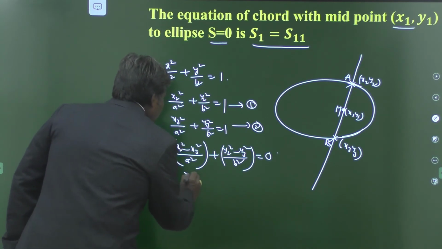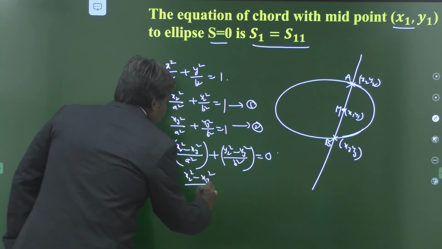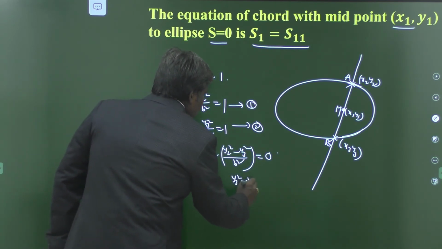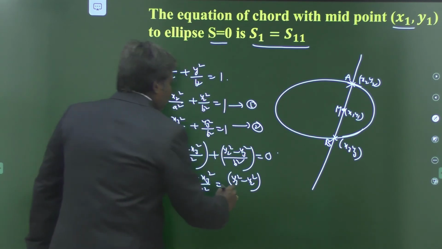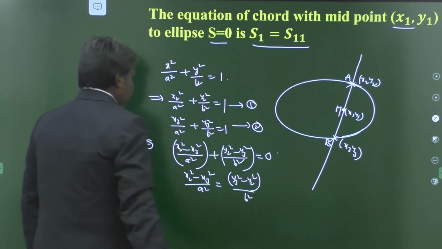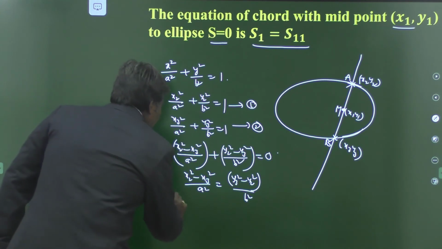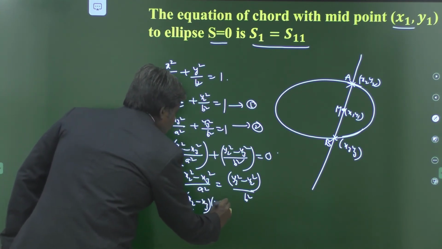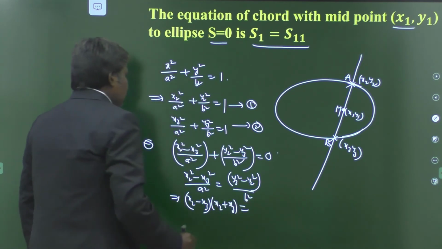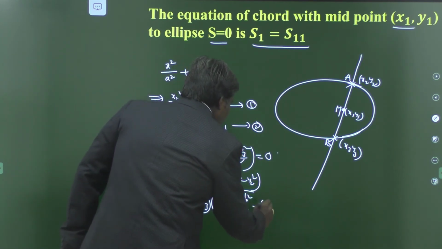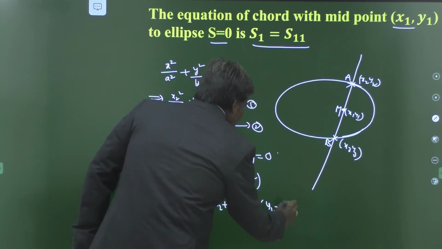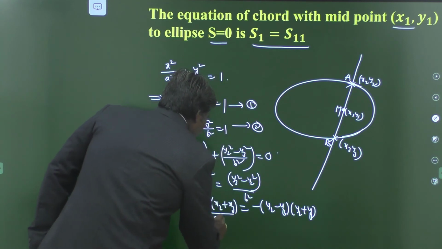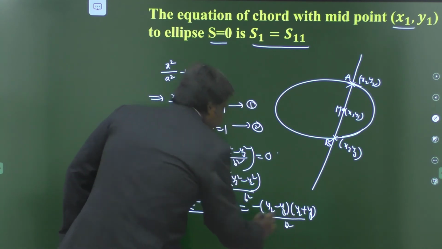So (x2 square minus x3 square) by a square is equal to (y3 square minus y2 square) by b square. Now my dears, this can be written as (x2 minus x3) into (x2 plus x3) is equal to minus of (y2 minus y3) into (y2 plus y3), with a square and b square as denominators.